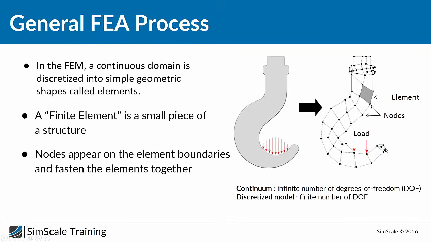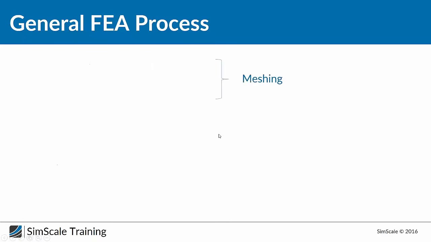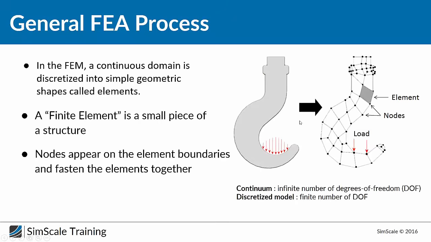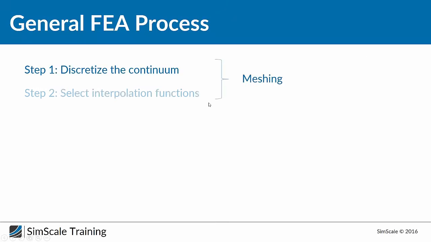If you take a look at this hook here, and let's say we use these finite elements and replace the continuous domain by a discrete domain, we are only solving, let's say, stress, displacement, etc. for the elements. And therefore, we somehow need to interpolate, and that's where we need these interpolation functions, but we'll talk about this in more detail in 5 minutes.